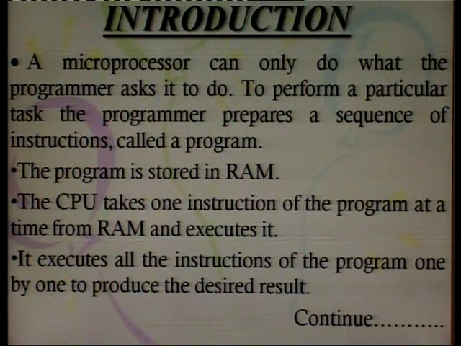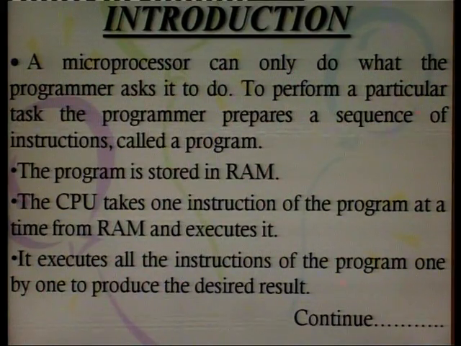To perform a particular task within the capability of a microprocessor, the programmer prepares a sequence of instructions called a program. This program is stored in the RAM, that is, the random access memory of the system.